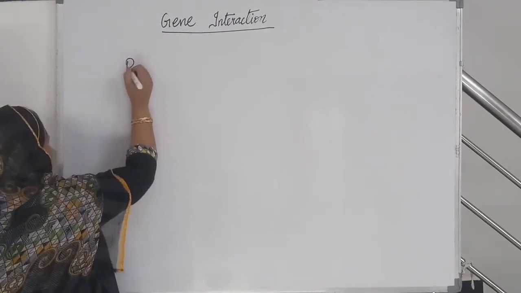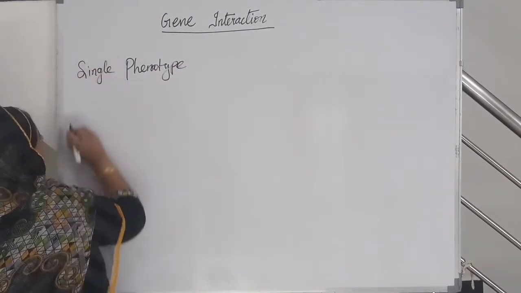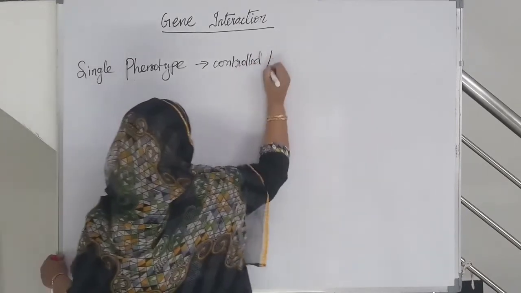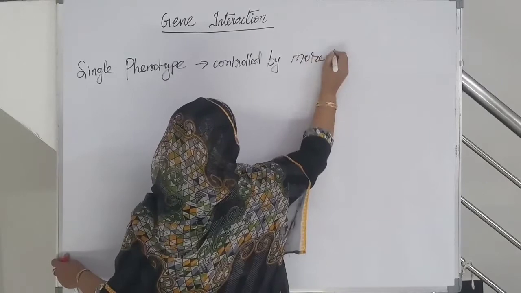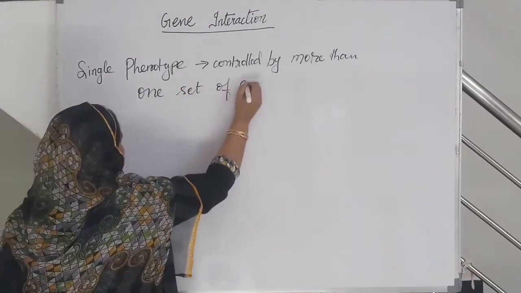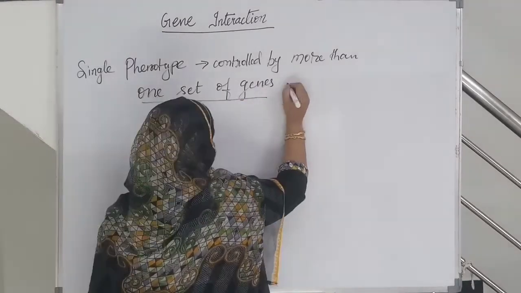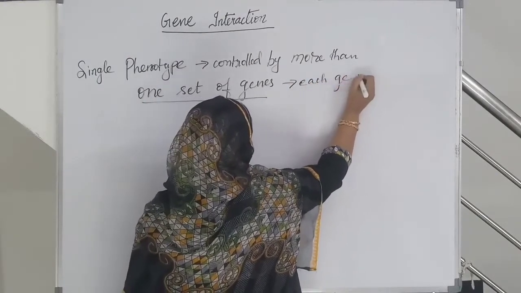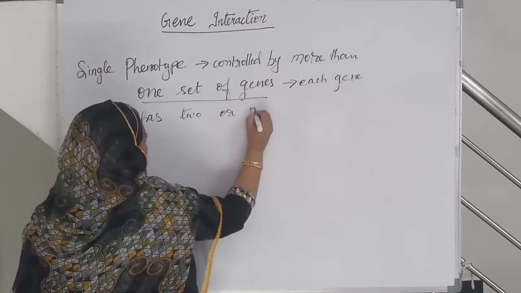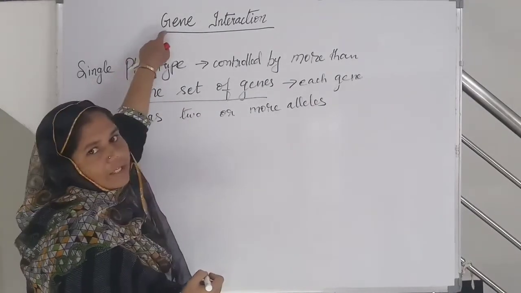When a single phenotype is controlled by more than one set of genes, and each gene has two or more alleles, it is called gene interaction.